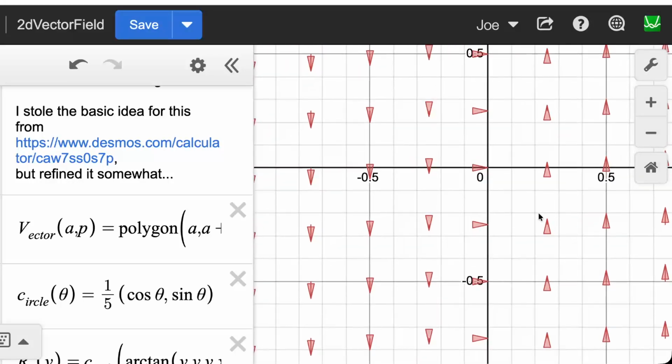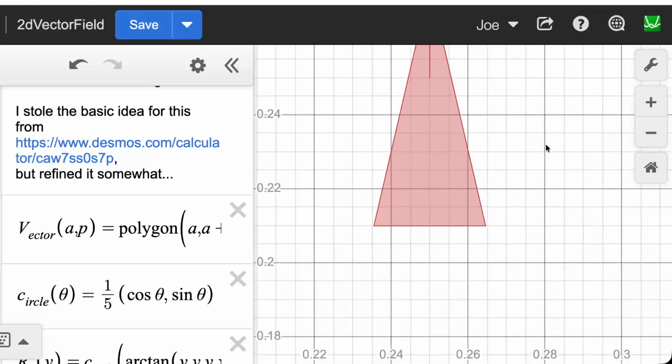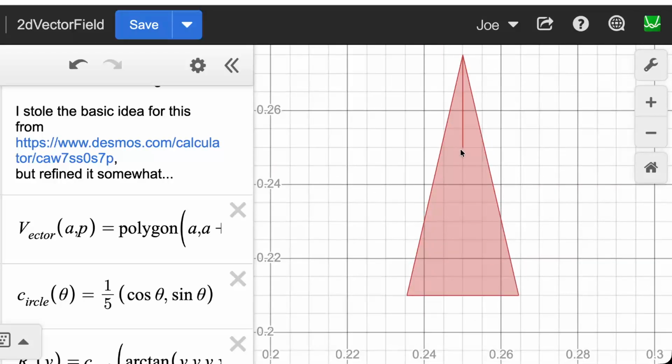Oh, yeah, I do want to point out one thing that I would love to make an improvement to in this vector function I've created. You can probably see, especially if I zoom in on something, sometimes that's A right there, and that's P, and the arrowhead I've got drawn is bigger than the line segment between the two things.